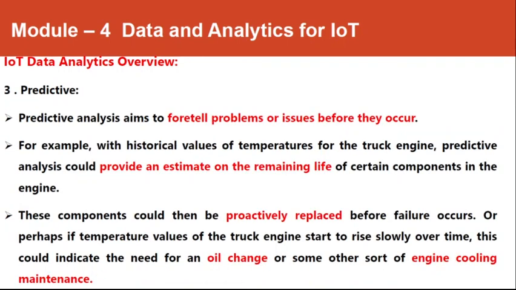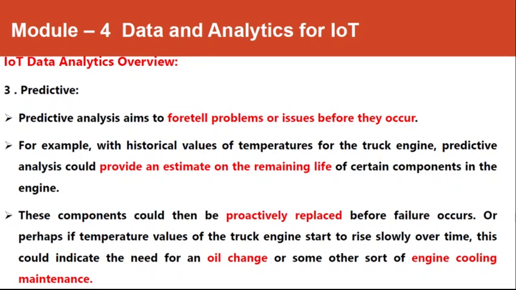The third analysis result is predictive. Predictive analysis aims to foretell problems or issues before they occur. For example, with the historical values of temperature of the truck engine, predictive analysis could provide an estimate on the remaining life of certain components in the engine. So, before something happens, we have to give some estimate; that is called predictive analysis.